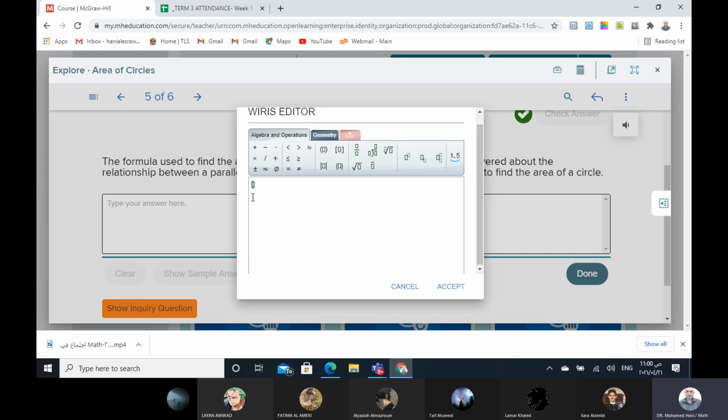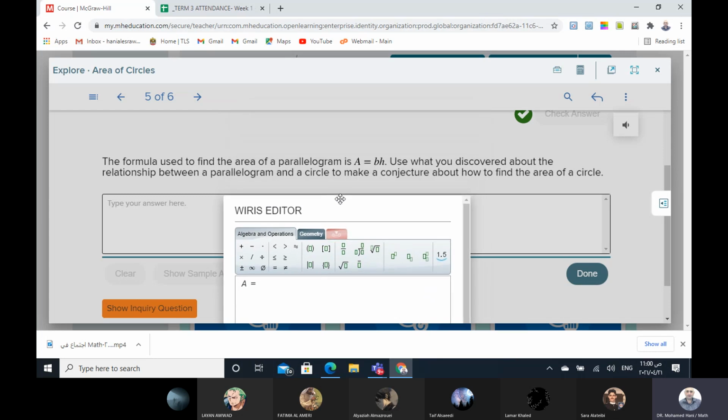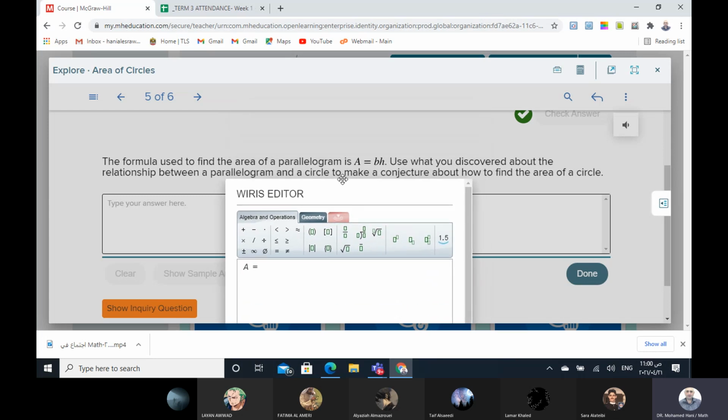A equals, here we have base and here we have height. And the base in the parallelogram means half of the circumference.